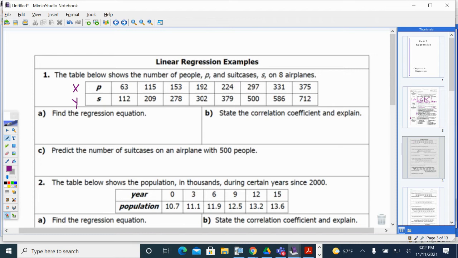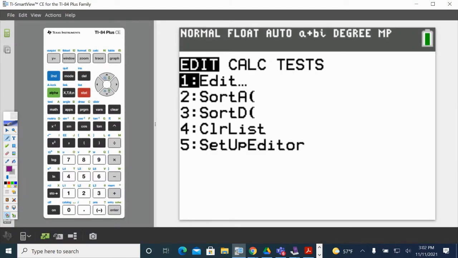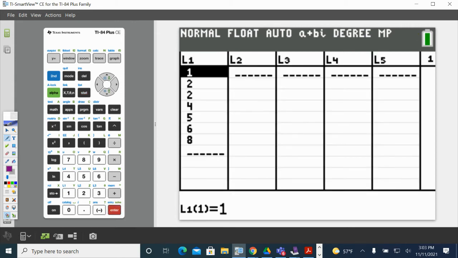To do that, we're going to go to the calculator and we're going to put all of the X's into L1 and the Y's are going to go into L2. So go to the calculator, click on stat, click on edit. I have information here. You jot this down in your notes as well.